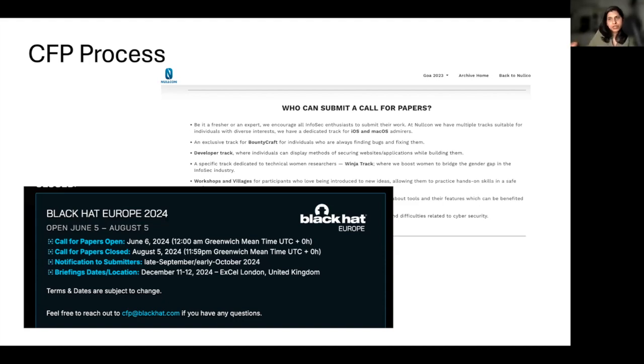These tracks are essentially focused on specific technologies or kind of work. For example, there's a developer track, as you can see here. So the developer track is focused on developer specific niches, where you're talking mostly on the side of websites, applications, building them, breaking them in a specific way.